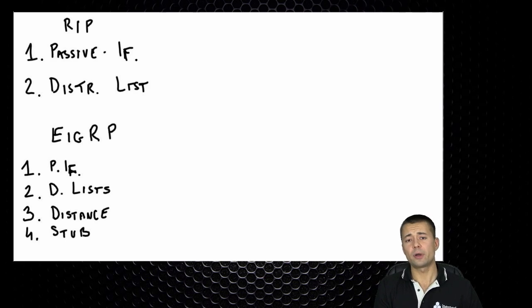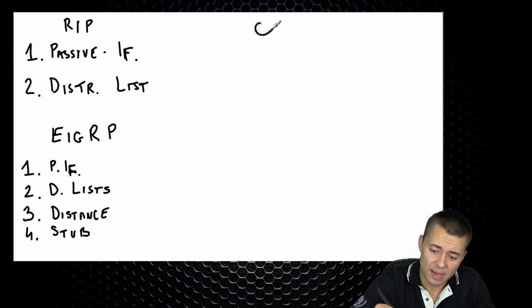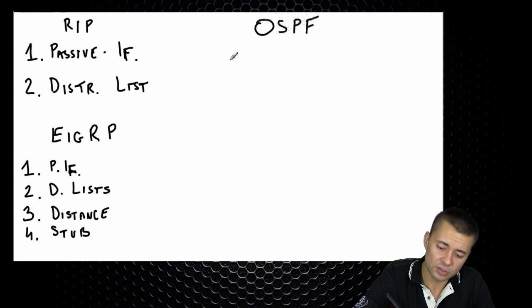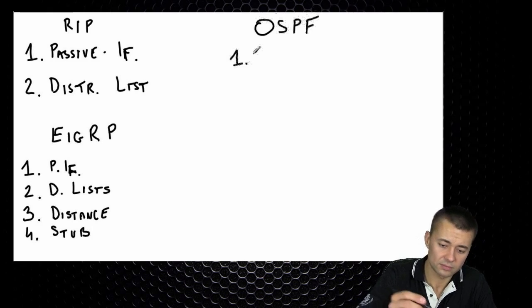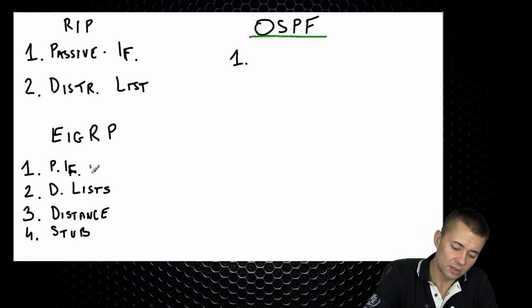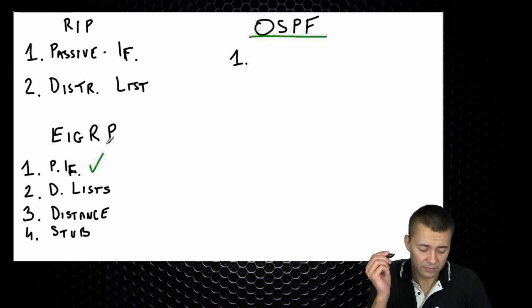So ABR for inter-area prefixes, and ASBR for external routes. So the passive interface is still feasible, works the same as, so let's make the OSPF configuration in green. So this is still a valid solution for OSPF.